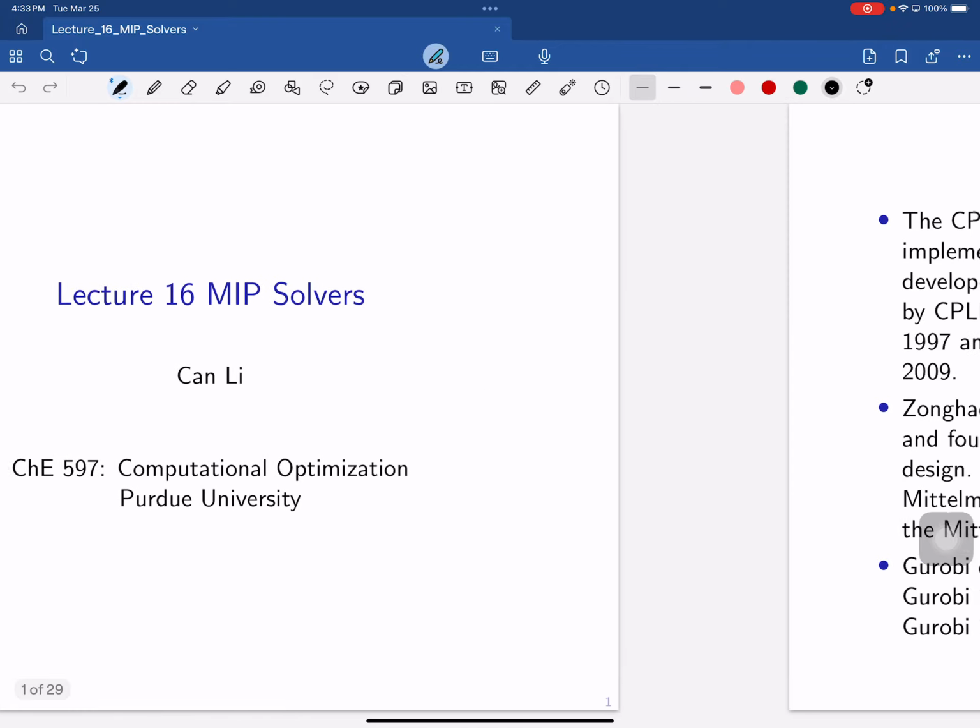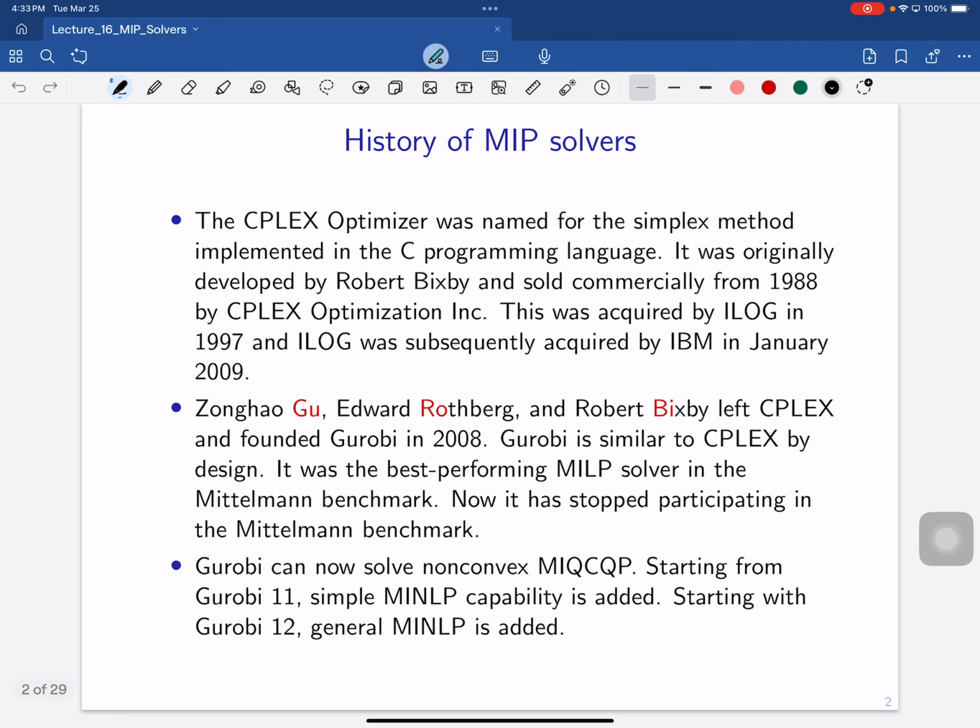Okay. So just a little bit of history of MIP solvers. One of the earliest solvers was Cplex. It was originally developed by Robert Bixby. He's a very well-known person in this area, and it was sold commercially by what is called Cplex Optimization Inc. It was later acquired by Ilog and later acquired by IBM.